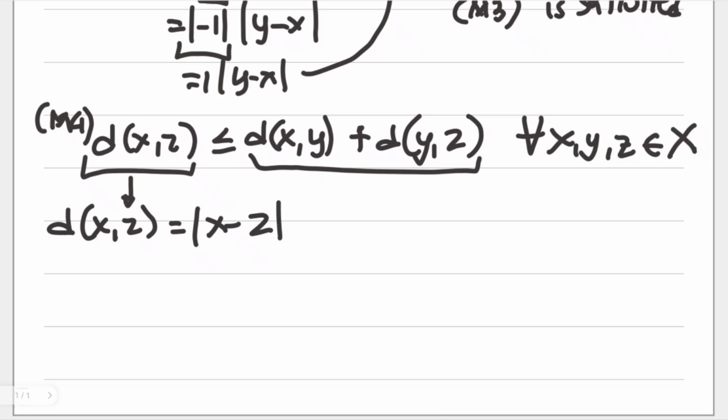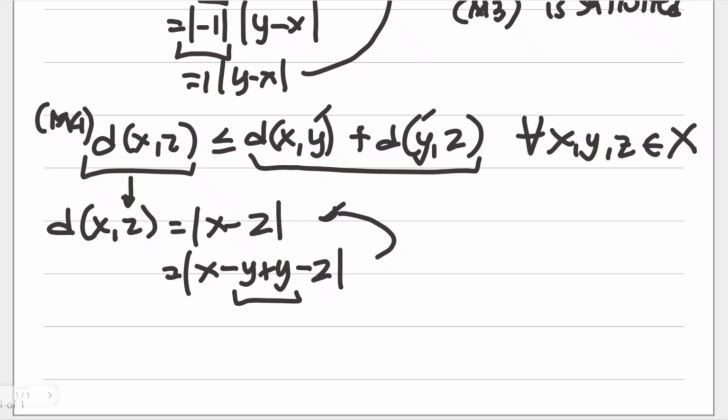Take note that our goal should reach an expression with y. So let's try to add a certain 1 inside the absolute value notation in terms of y plus y. This is just equal to 1, so you're not changing the value inside. We're just trying to introduce y because our expression for M4 needs a variable y. So again, we are not changing the value of this because this is just equal to 1.